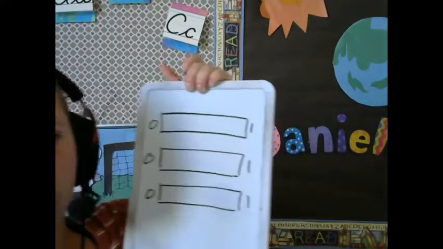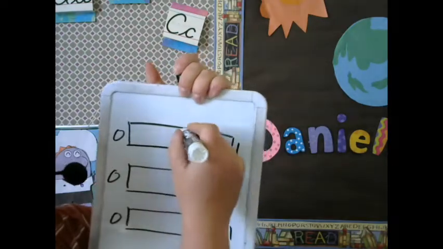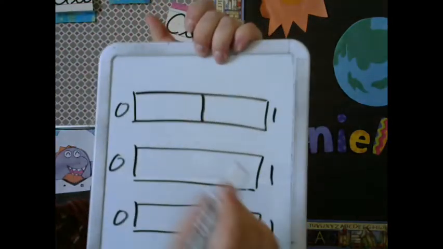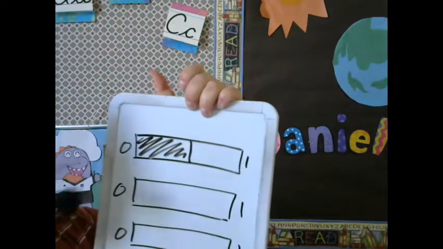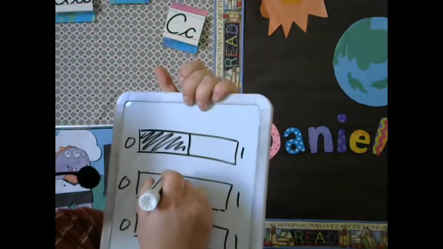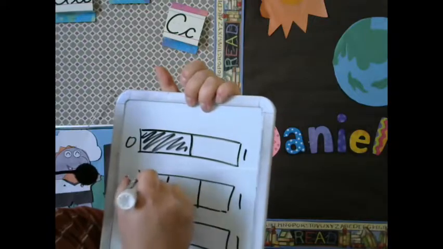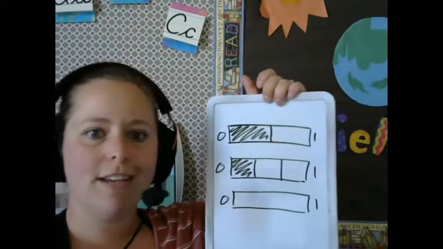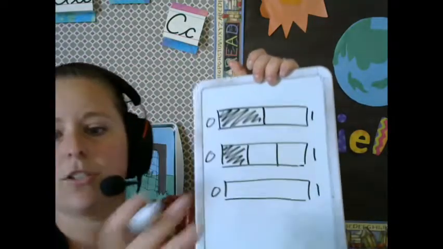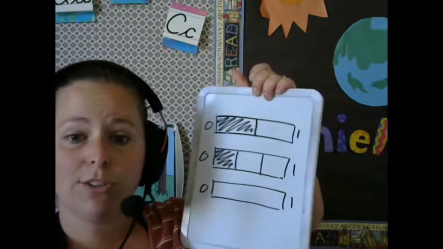And then it's going to ask you to divide them into different parts. So it might say divide 1 in half. In half. So right here I have 1 half. Might ask you to divide into thirds. It might ask you to divide it into fourths or fifths or sixths, right? So you'll just divide it by how much, okay?